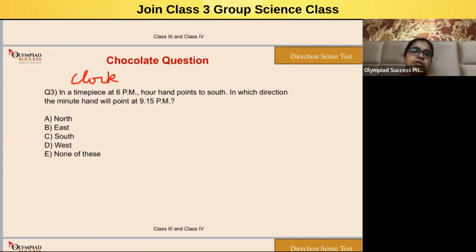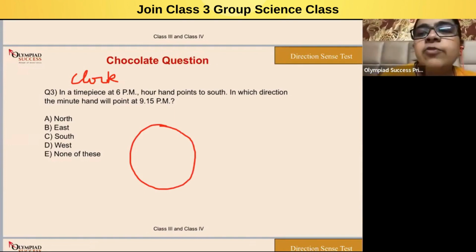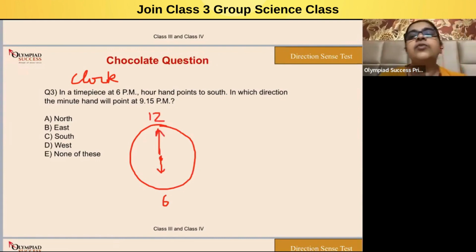Krishant, good. See, the first thing in this question is to understand whether your clock is a normal clock or a reversed upside down clock. So what happens in the normal case of 6 o'clock? This is my hour hand pointing at 6, and this is my minute hand pointing towards the 12. So in a normal clock at 6 o'clock, the hour hand is in the south only.